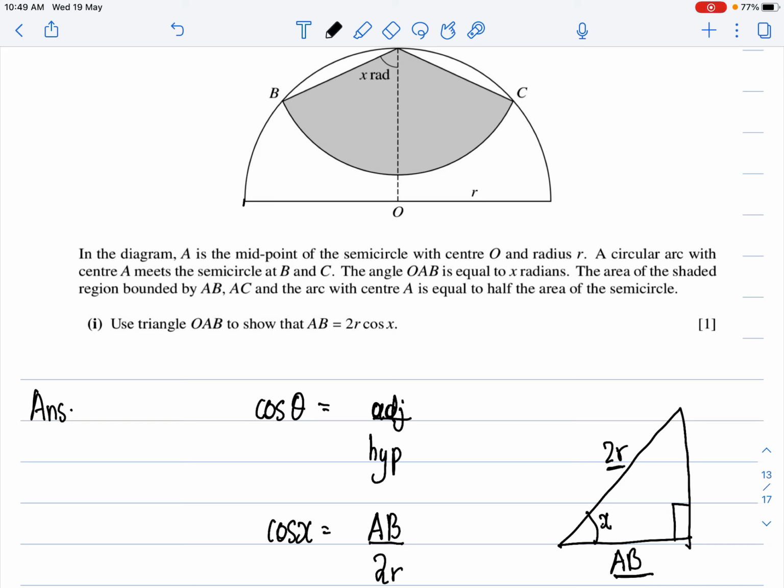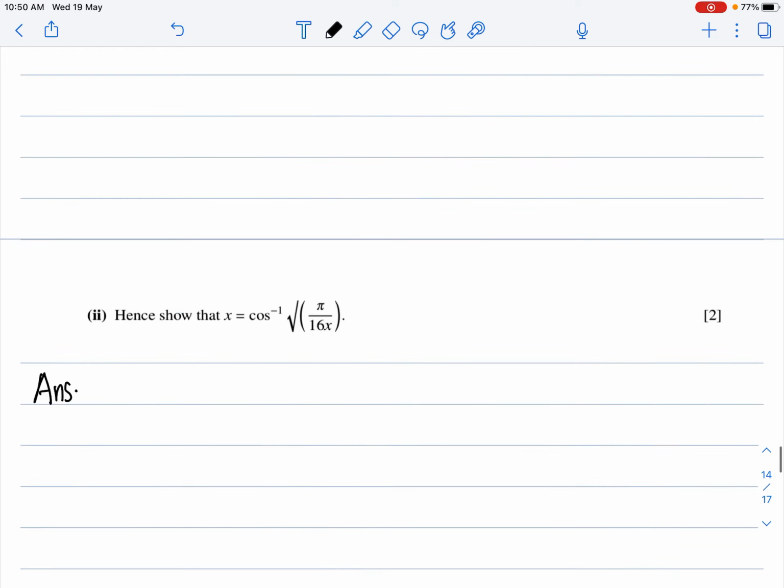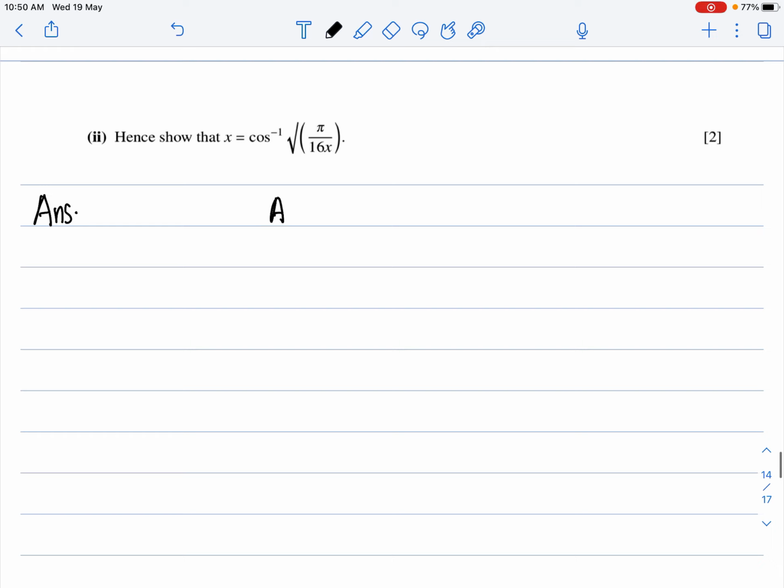Okay, so if you see here, they are saying the area of the shaded region, bounded by AB and AC with center A, is equal to half the area of the semicircle. So I can say the shaded area is equal to half into the area of the semicircle.